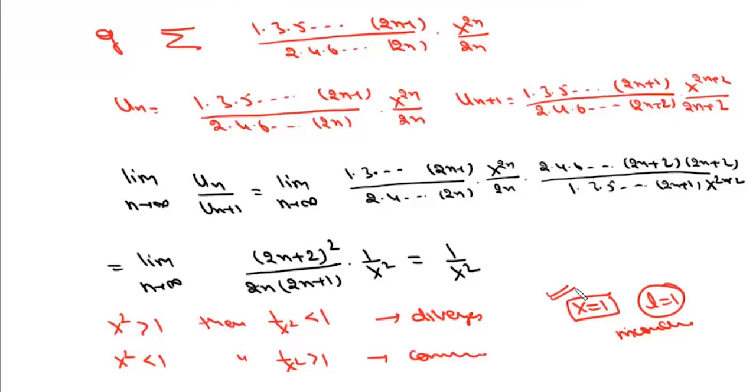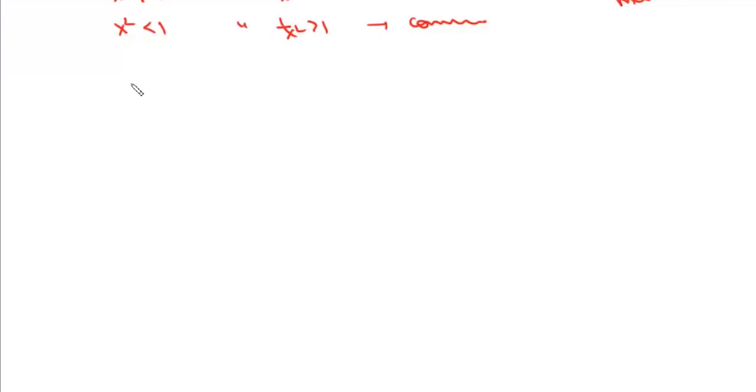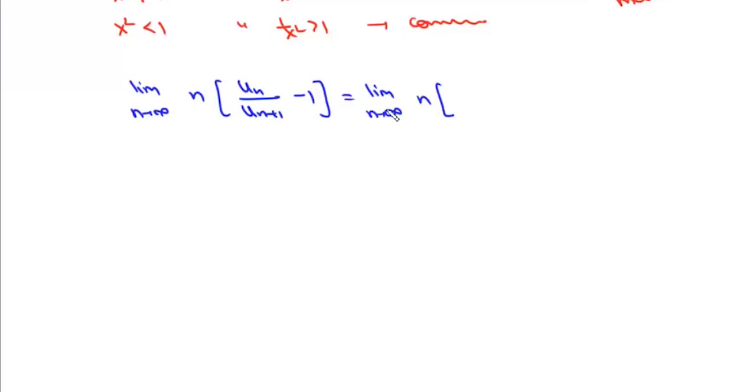So what we'll do is, for x equal to 1, we are to use Raabe's test. So now we are going to find this limit: n tends to infinity, n into (un upon un plus 1 minus 1). Now it will be this limit, n tends to infinity, n. Now this un upon un plus 1 was this 2n plus 2 whole square upon 2n plus 1 into 1 upon x square, and since we are taking x as 1, it will be 1 minus 1.